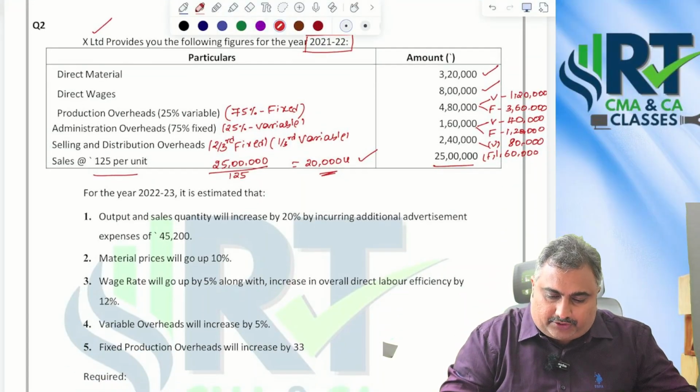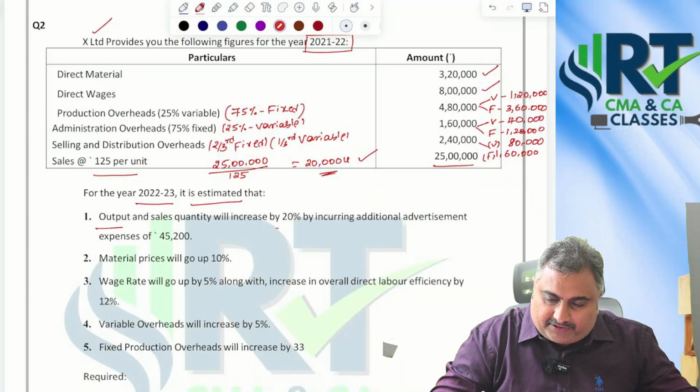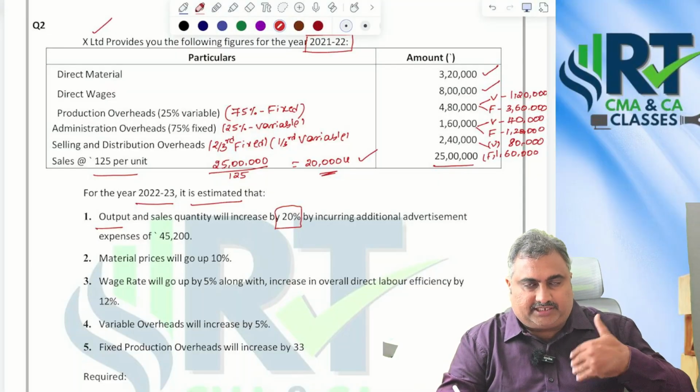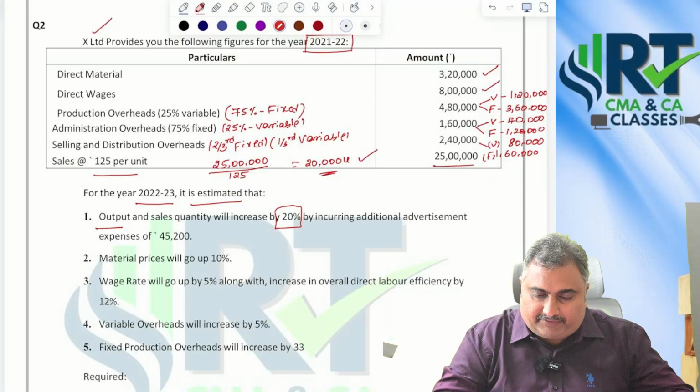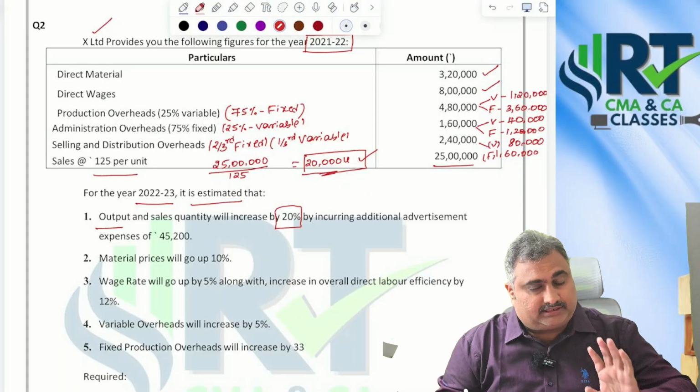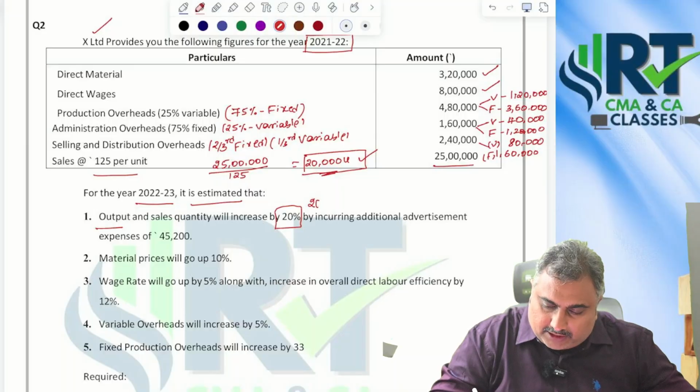Next, 2023: it is estimated that output and sales quantity will increase by 20%. Sir, output means production part, sales means, that's the reason even in the previous year, however many units we produced, that many units we are selling. Now how much increase? 20%.